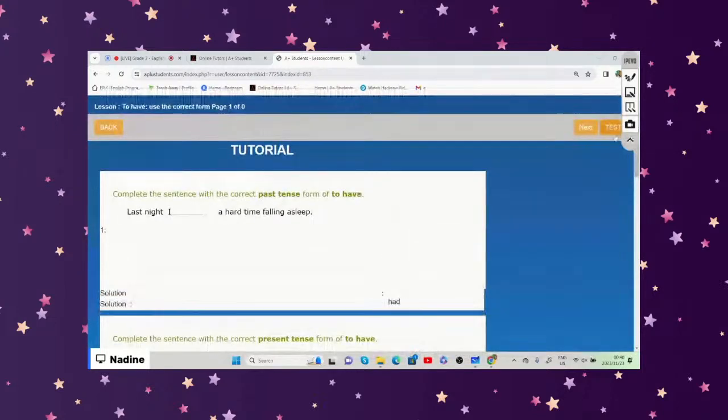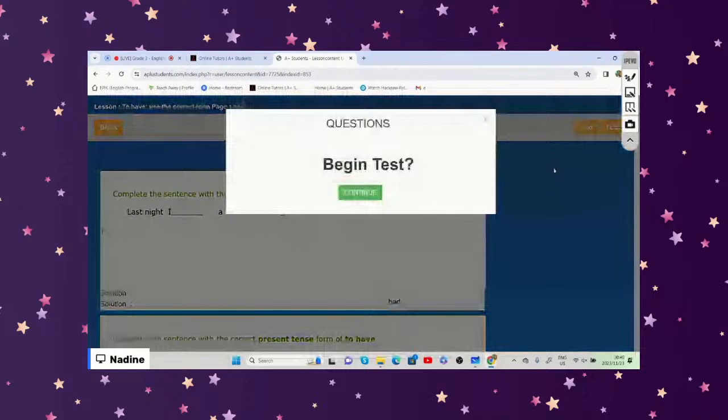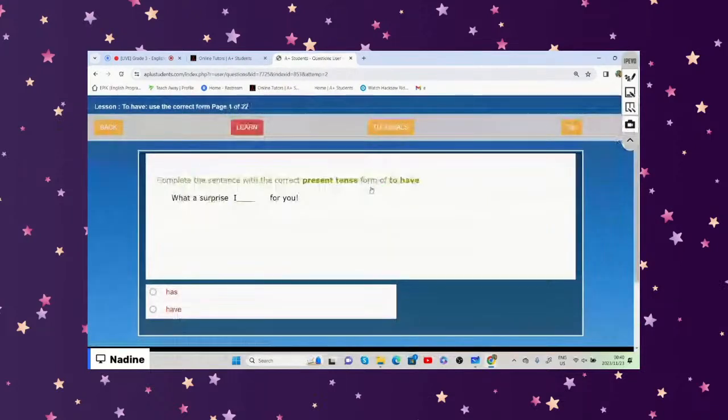So now we're going on to our test. It says we need to complete the sentence with the correct present tense form of to have. So we need to find the present tense.